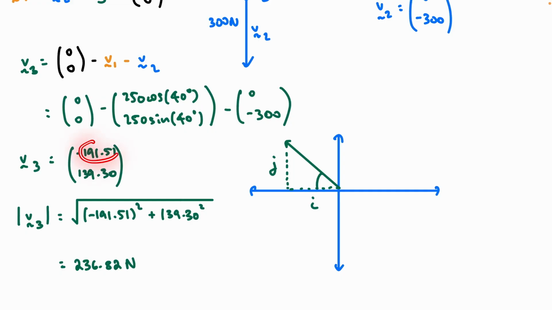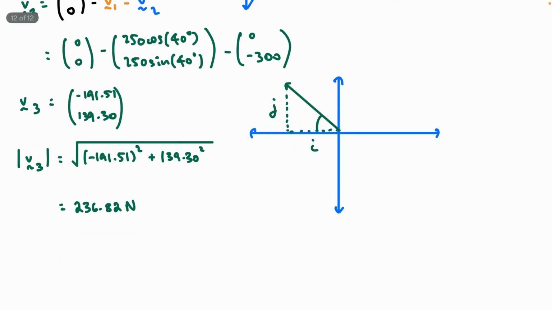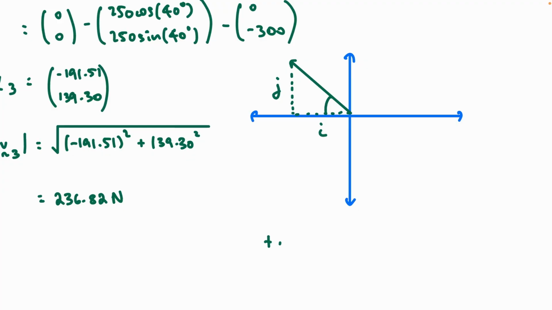I'm just going to take the positive i component because in this case we don't really care about the negative. We just want the reference angle. So the tan inverse of the j component, 139.30, divided by 191.51, gives 36.03 degrees. That's what this inside angle is.